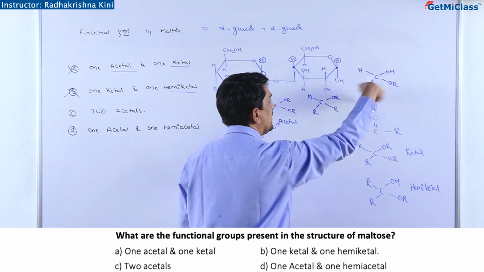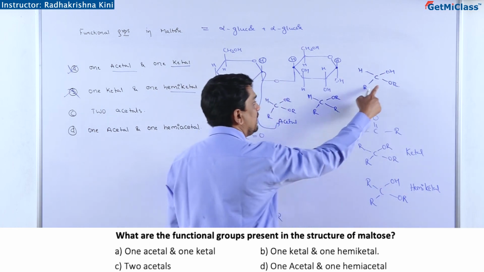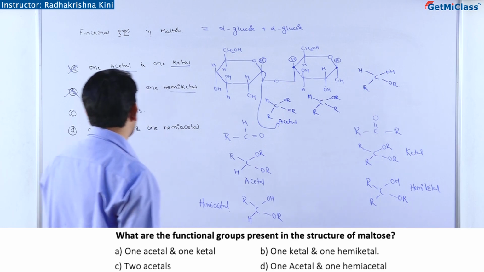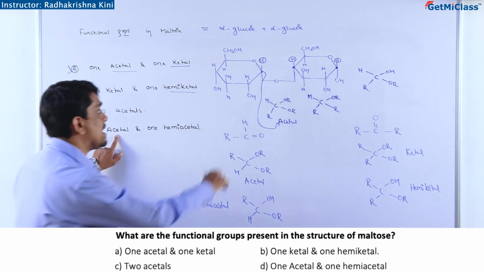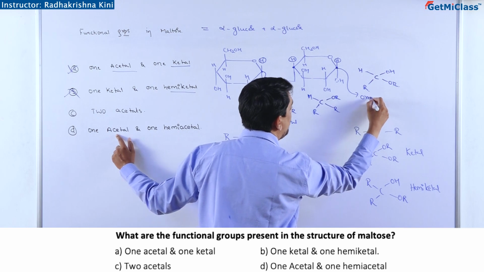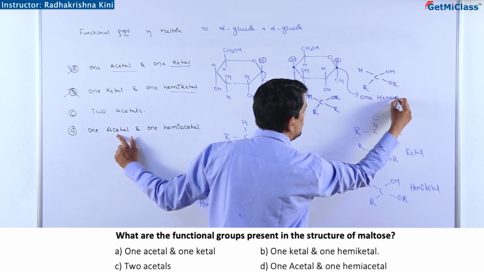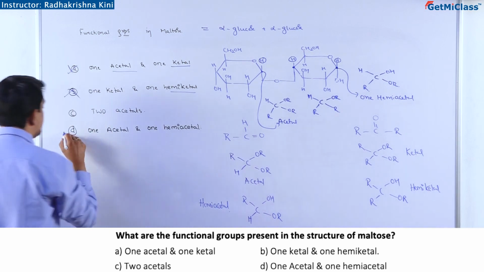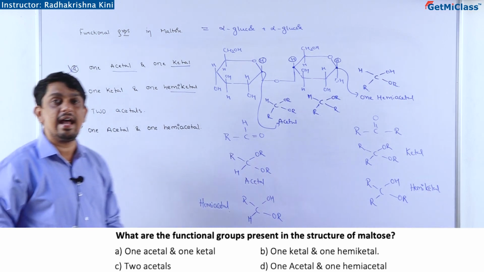So what is it? It is a hemiacetal. So all of us can find there is one acetal over here, and there is one hemiacetal that you will find over here. And exactly I can see them in option D. So I must take option D here as the right answer.